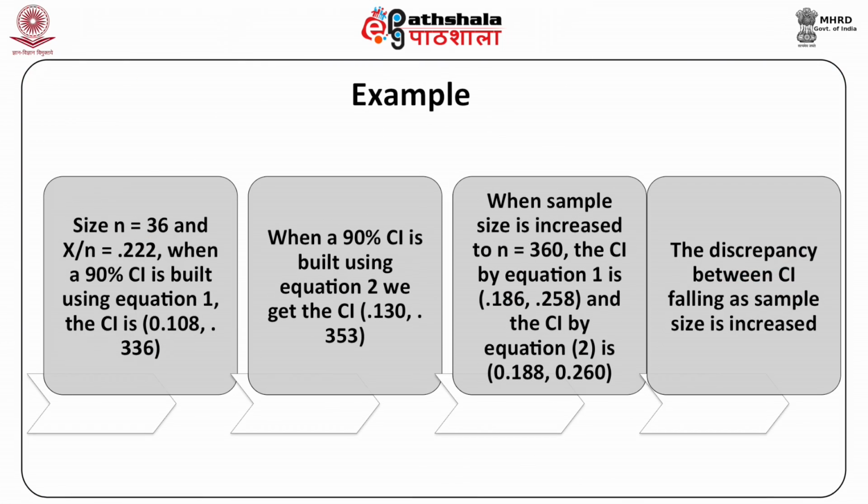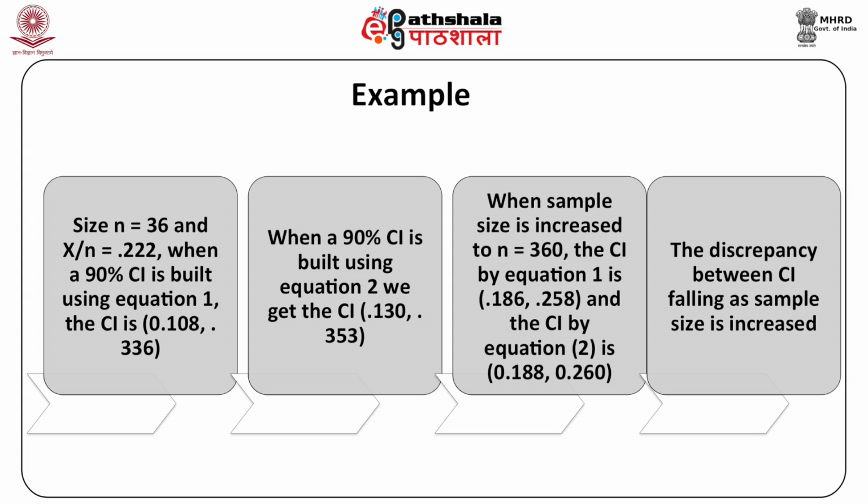Example 2. For a sample size n equal to 36 and x divided by n equal to 0.222, when a 90% confidence interval is built using equation 1, the CI is 0.108, 0.336. When a 90% CI is built using equation 2, we get the CI as 0.130, 0.353.